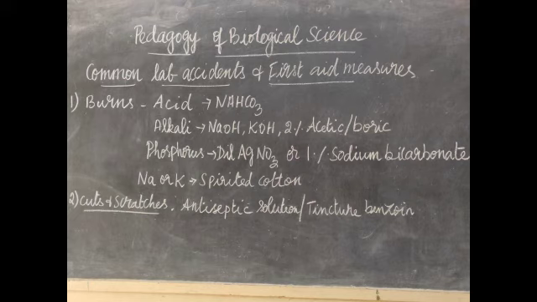If a burn is caused by acid, it should be neutralized with sodium bicarbonate solution. This should be done only after washing the part with normal water. If it is an alkali burn, it should be washed with sodium hydroxide or potassium hydroxide, and 2% acetic acid or boric acid can also be used in the case of an alkali burn.